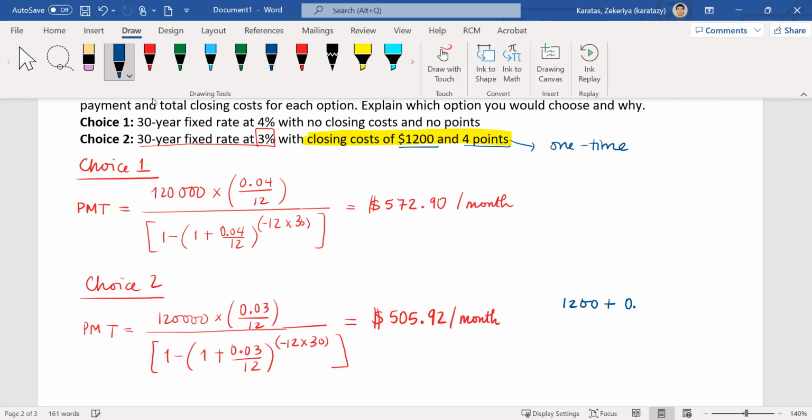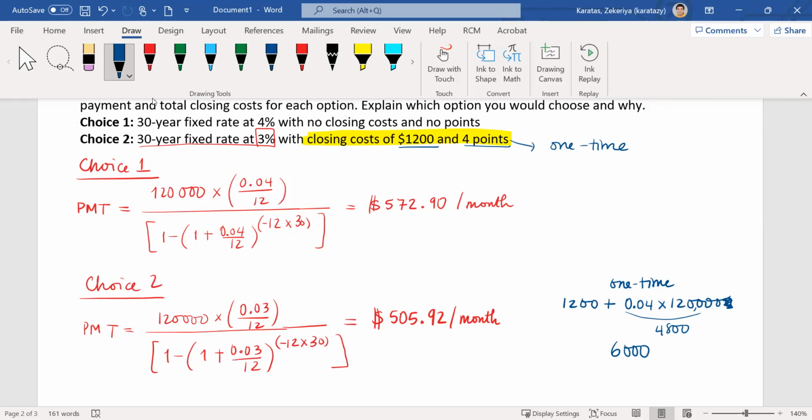So it's 0.04 times the mortgage amount, which is 120,000. I hope this is clear. This is just a one-time payment that you need to make for choice two in this example. So 4% is 4,800, and it's 6,000 total. So 6,000 is your one-time payment.